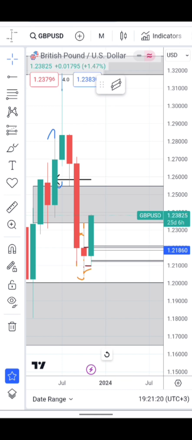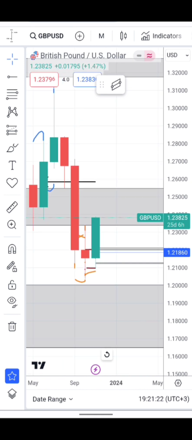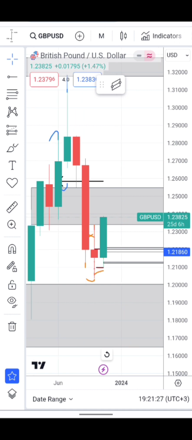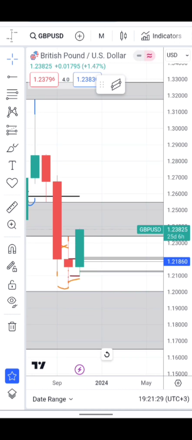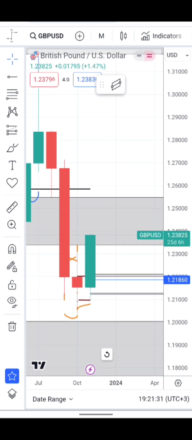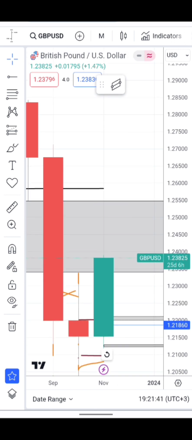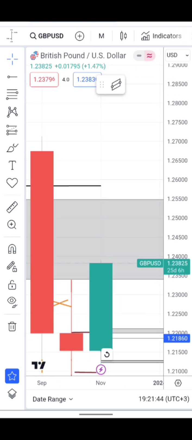Looking at this pair on the monthly time frame, if you zoom in, we have this fair value gap above here, and last week's price action, you can see this candle is buying, making attempts to fill this fair value gap, the gray area. So it probably might go ahead and fill the fair value gap.